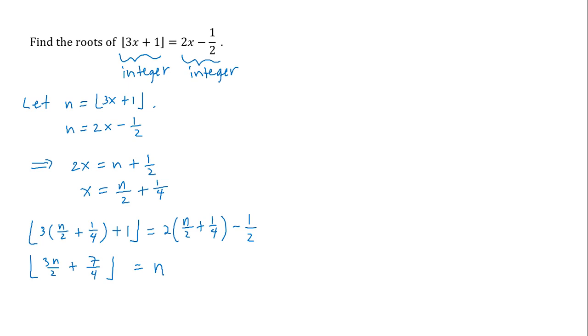Okay, now I'm going to use a certain property for floor functions. This is actually a pretty common property for the floor function. The floor of y is less than or equal to y, but greater than y minus 1.